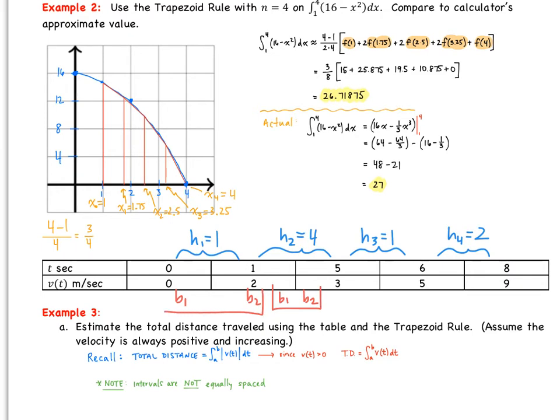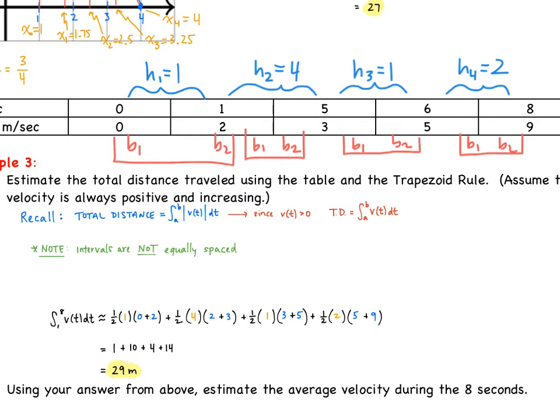For the third trapezoid, this is our base 1, and 5 will be our base 2. And finally, for our last trapezoid, we have base 1 and base 2. So I want you to give it a try and set this up and see what you get for that total distance traveled using the trapezoid rule.